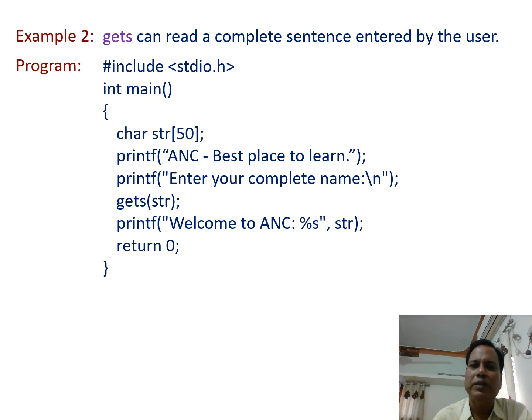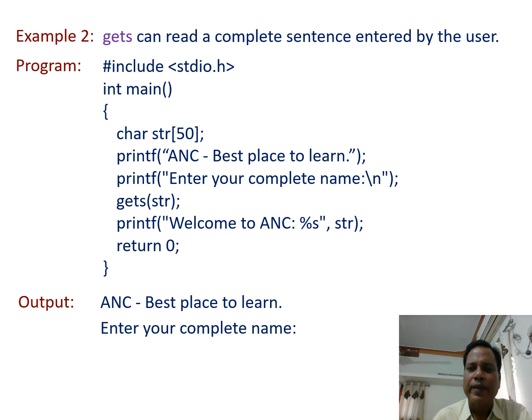So when we run this program, we get the output. First this message gets printed, and then "Enter your complete name". And in the next line, when we enter the complete name and press the enter key, this complete name is stored in the character array str.